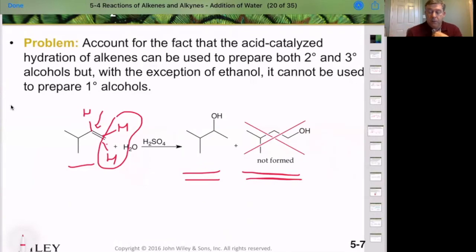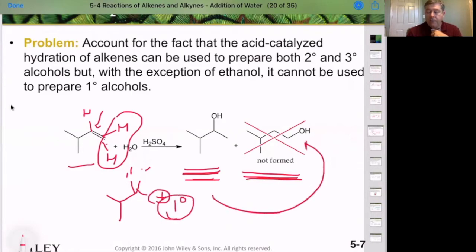Okay, so we'll always get secondary and tertiary alcohols from this and never form a primary alcohol, because we would have to form our primary carbocation. And since we don't form our primary carbocation, we cannot form our primary alcohol.